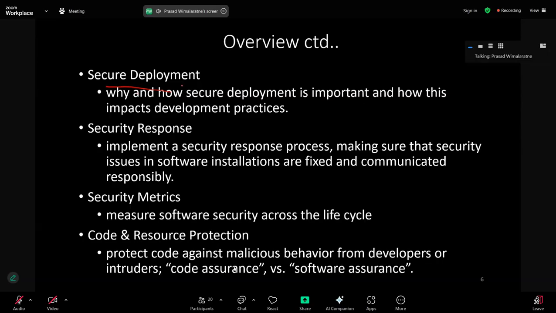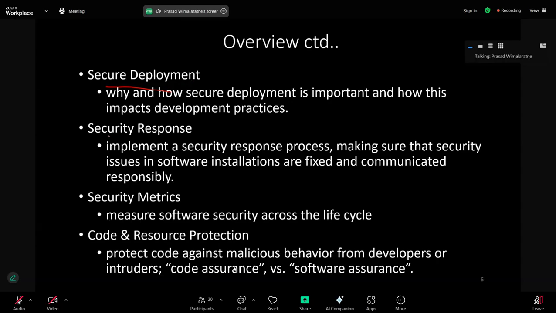And also we'll see how these phases are integrated into secure software development life cycles. So we look at how DevOps, Scrum-type life cycles, and also traditional life cycles infuse security into the whole life cycle. These are some of the areas that we are discussing as part of our lesson.